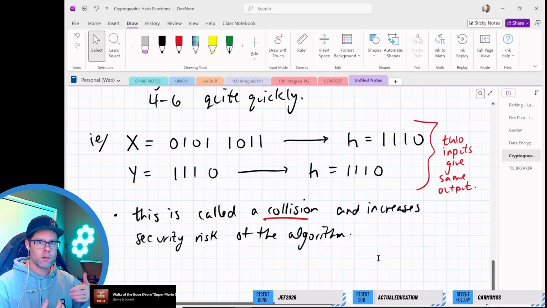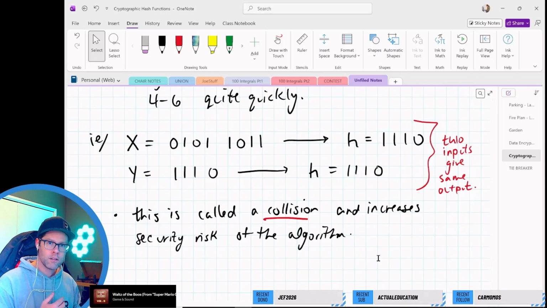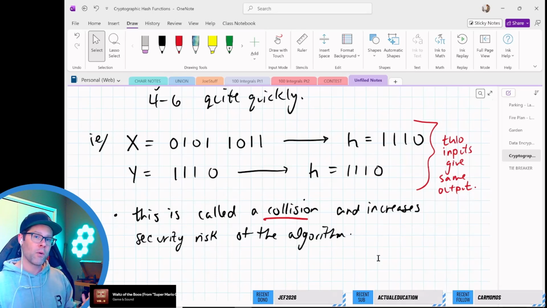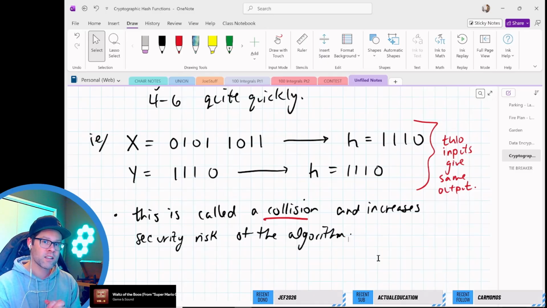So is it that someone has just randomly found a new password that aligns with my hash? Or is it that they actually know my credentials? And the function itself doesn't really know the answer to that question, right? Is it that somebody actually stole my password, used it properly, and got that output of 1110?